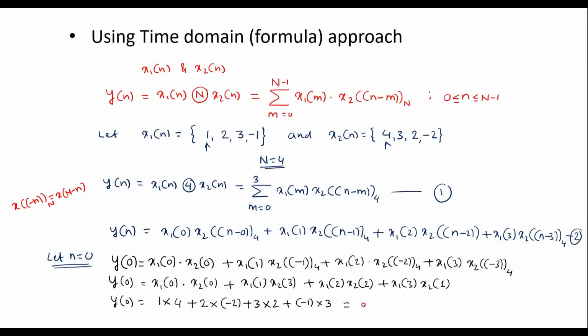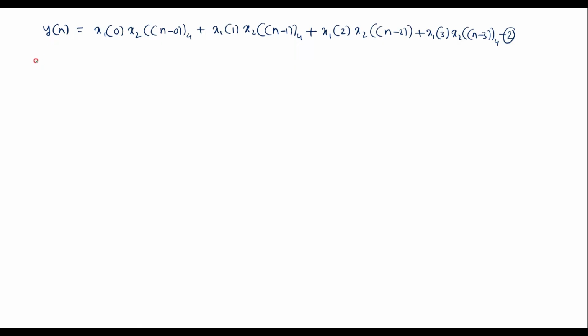Simplifying this, this is 4 minus 4 plus 6 minus 3, which is equal to 3. Therefore, y of 0 value is 3. So now consider n equal to 1.